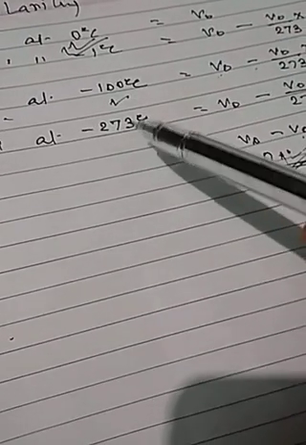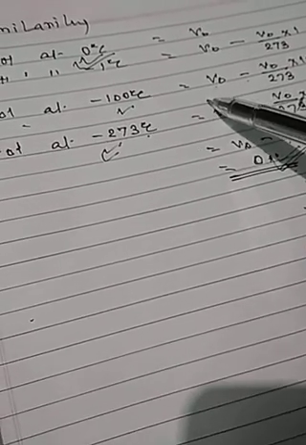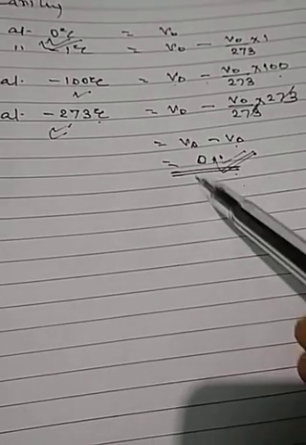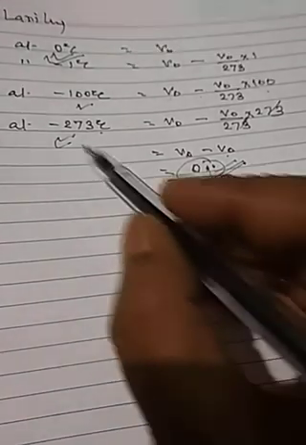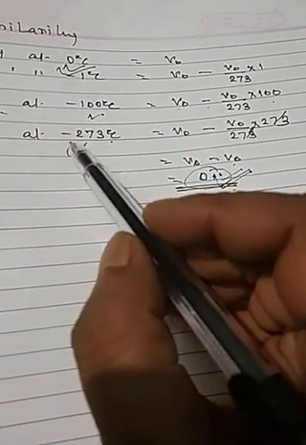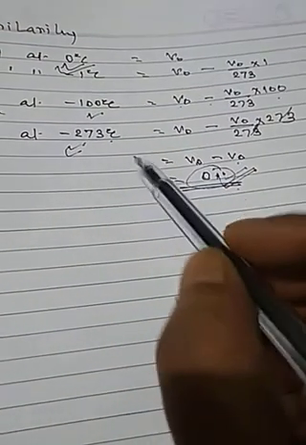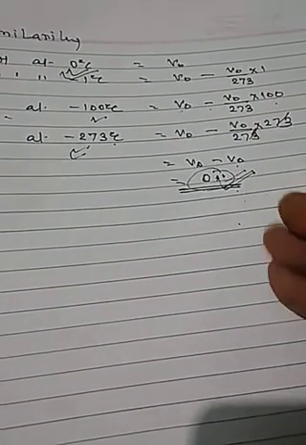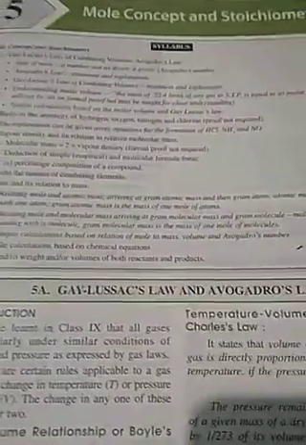And on further cooling, at this temperature, the whole water vapor will first change to liquid, means water, and finally ice. So no water vapor is left, means no gas is left. So at minus 273 degrees Celsius, no gas has any volume. Why? They all get solidified.